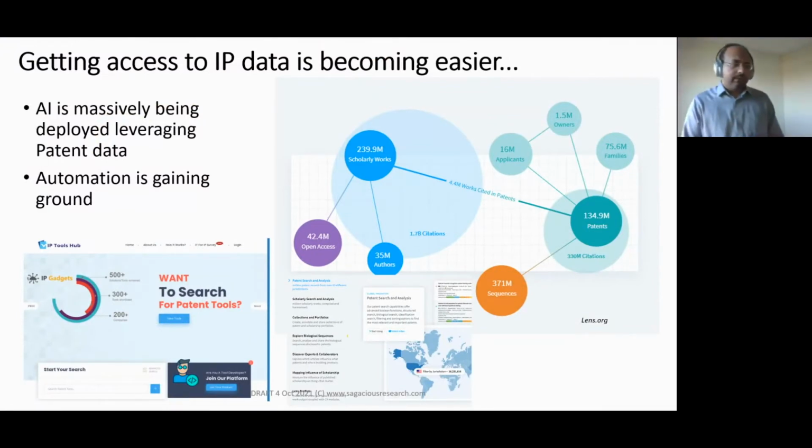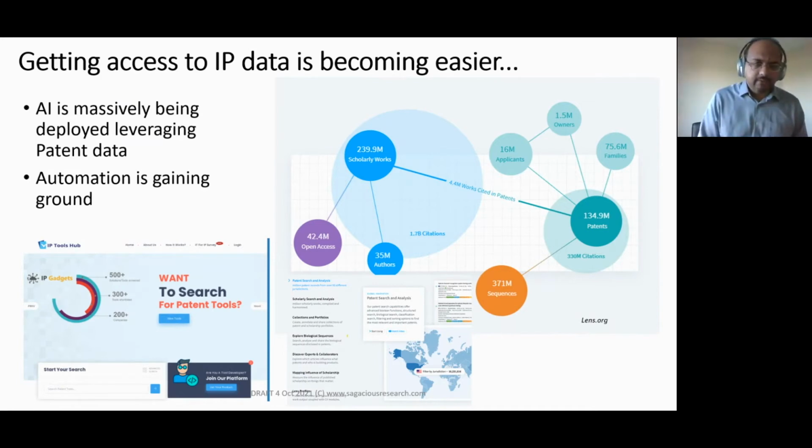I could definitely recommend a tool like lens.org, where you could quickly search for keywords for the technologies you're trying to explore, and look at who the key players are and who is filing there. There are also other tools like Google Scholar and so on.